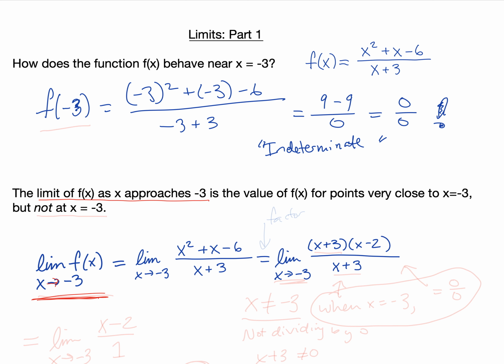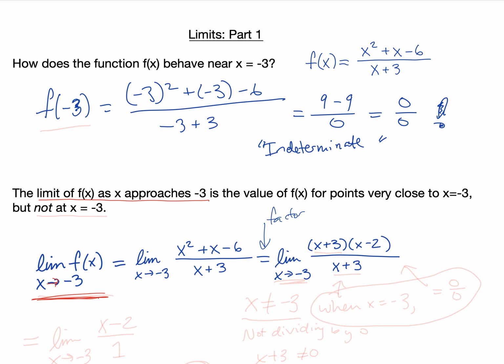And so what could we do here? One thing that we could do is factor the top of that expression. So we could factor the top and find that that's equal to x plus 3 times x minus 2 in the numerator. And now, can we divide the top and the bottom by x plus 3?